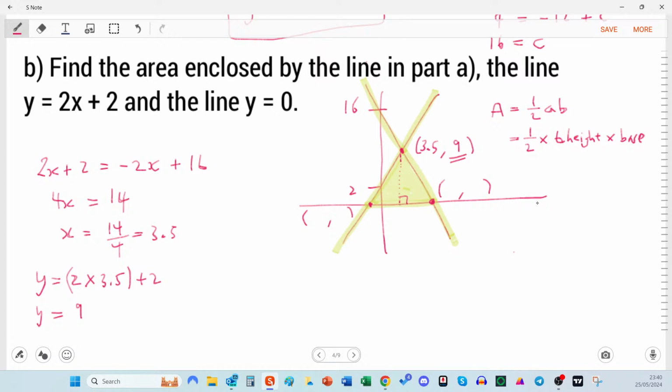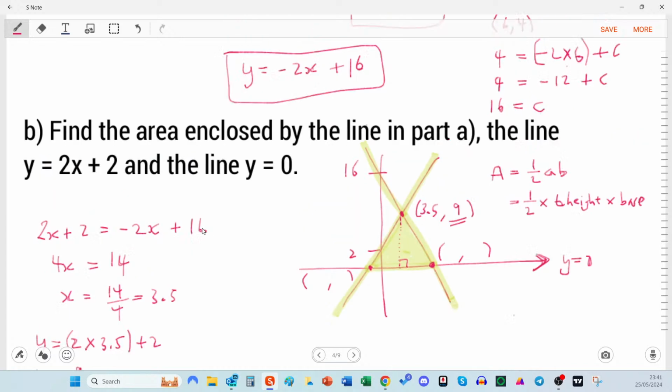This whole line here is the x-axis. It's also y equals 0. So if we put y equals 0 into those two equations, we're going to find where they cross the x-axis. Let's start with this one up here. 0 equals minus 2x plus 16.